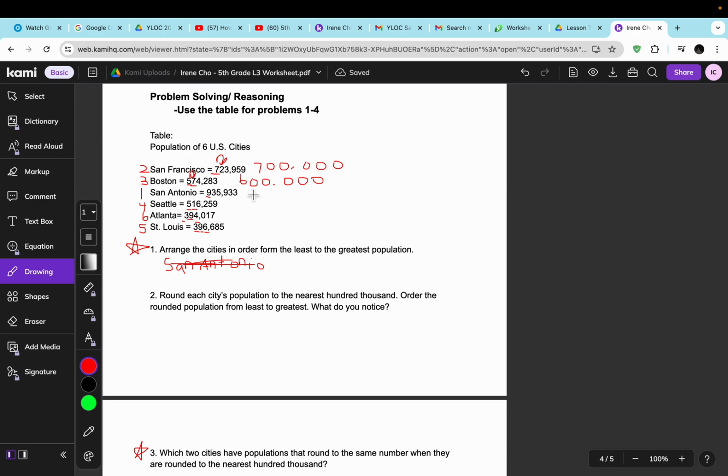And then for San Antonio, we look at the number afterward. It's a 3, so it will be 900,000. And then for Seattle, it's 516,259. The 1 is 4 or smaller, so it'll be 500,000.